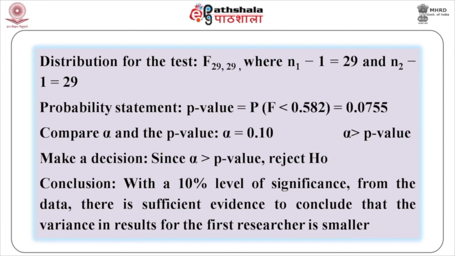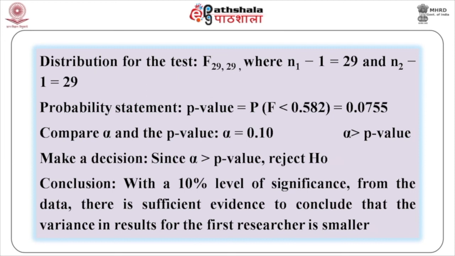The distribution for the test is F(29, 29), where n1 minus 1 equals 29 and n2 minus 1 equals 29. The probability statement is the p-value, which is P(F less than 0.582) equals 0.0755. Now compare alpha and the p-value.